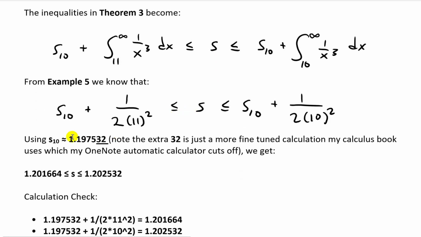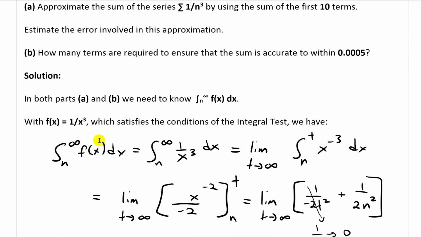And now using S10, the 10th partial sum, as being 1.197532. Note the extra 32 is just a more fine-tuned calculation that my calculus book uses, which my OneNote automatic calculator cuts off. And again, remember, this is from example 5, where the calculus book had it here, but then they added an extra 32 for example 6. Just scroll up to it.